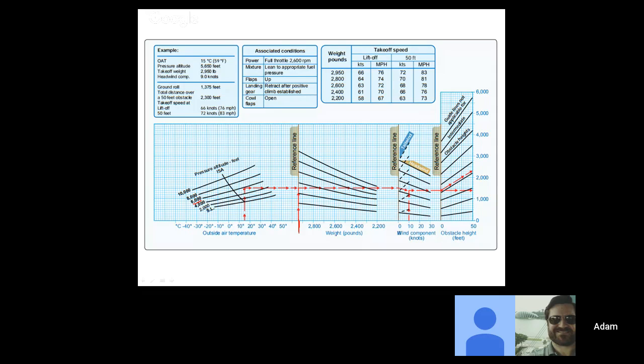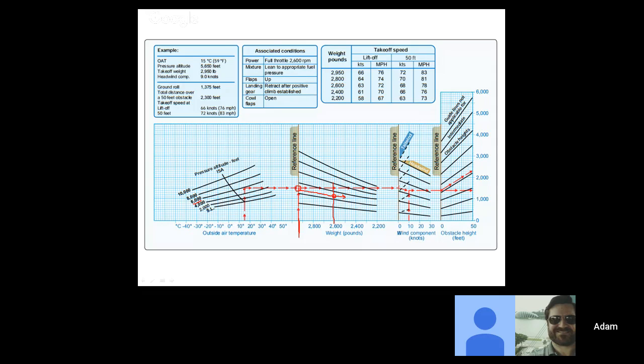If the weight was like 2,600 pounds, then we would draw a line at 2,600, take our point here, and follow it down the contours until I get to my 2,600 point, at which point I would escape out to the right to the next parameter. But this one is operating at max gross weight right here. So we're just going to escape to the right away. No contours.